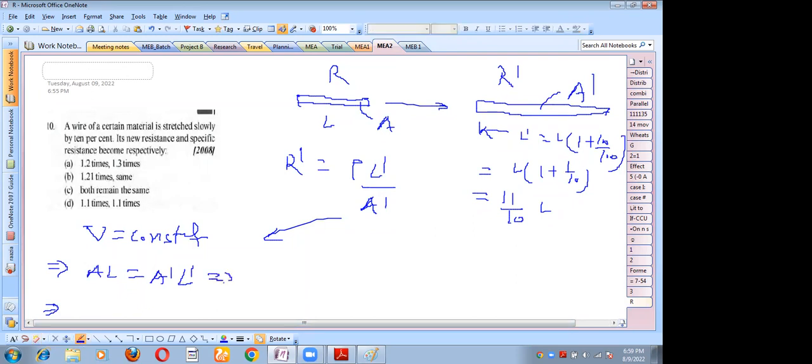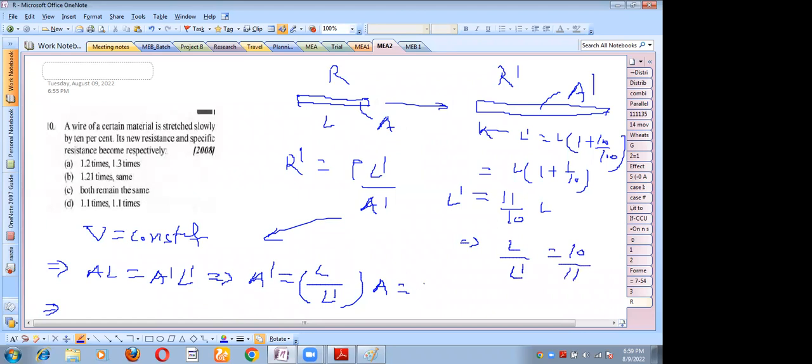A dash will be equal to L upon L dash into A. So what is L upon L dash? L dash is 11 by 10 L, so L upon L dash is 10 upon 11.